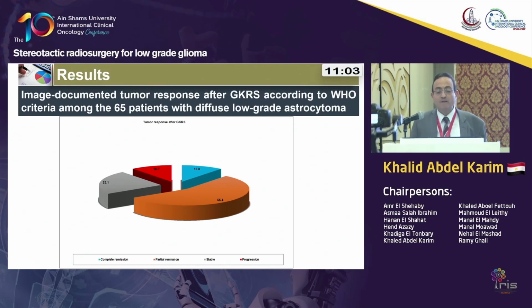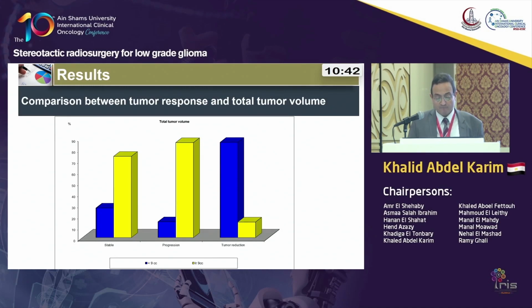Regarding the image documented tumor response, we had complete remission in 11%, and we have by far the largest portion as partial remission, as you can see, more than half.